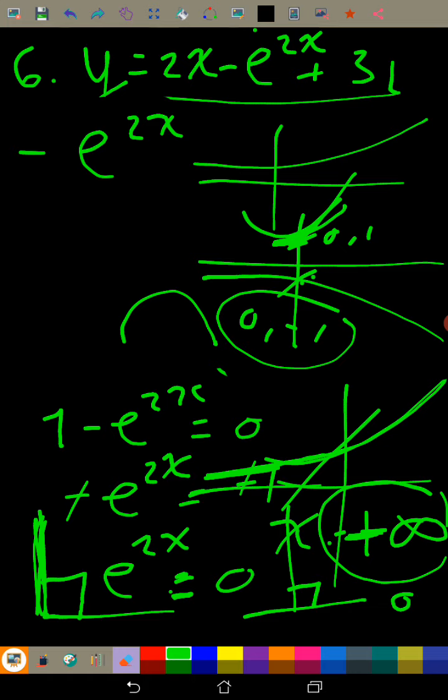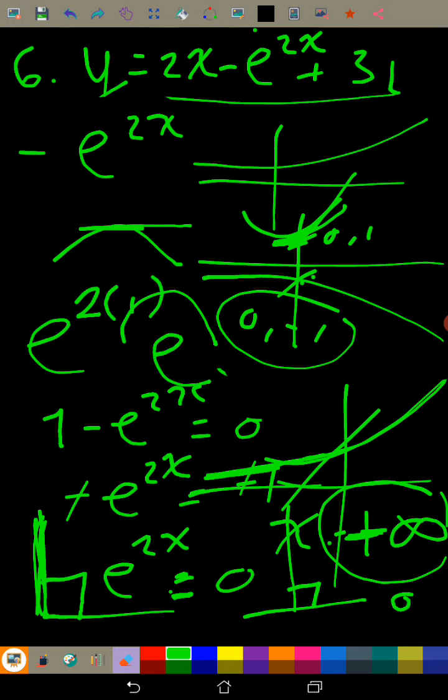Okay. And how do we know it's a maximum? If we take, for example, 1, we will have e^(2 times 1), so it's e to the power of 2.